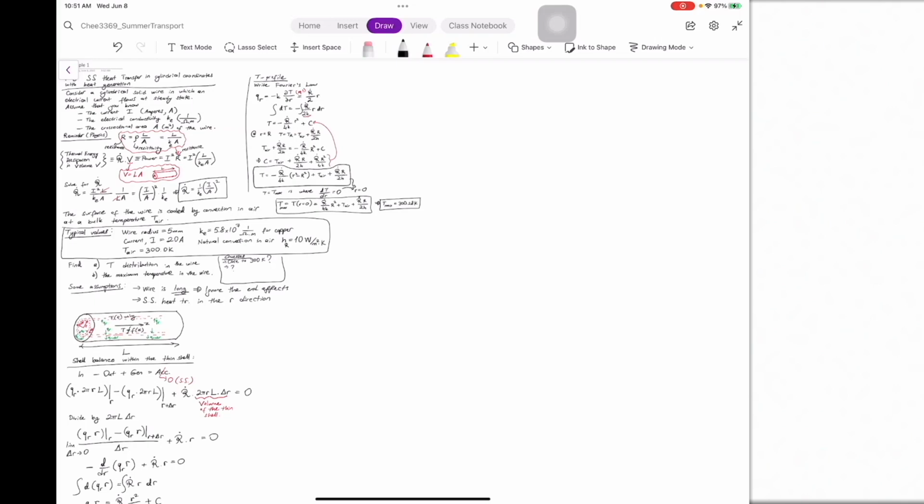We also learned how to do the correct shell balance by taking the correct shell in a different geometry than the slab geometry. For every geometry, there is a different type of convenient shell that you can take. Do you have any questions so far?